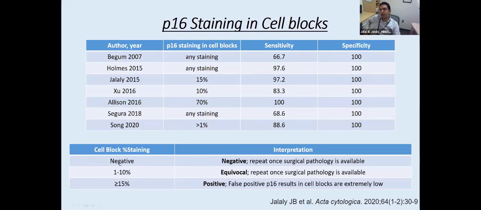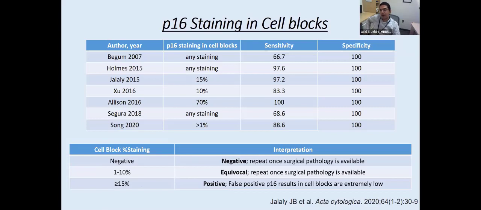Therefore, when you're dealing with a negative P16 staining in cell block, it's better to repeat the stain in surgical pathology specimens. Now, if you lower the cutoff too much for positivity and call any cell staining, many of the times that will correlate with surgical pathology P16 positivity.